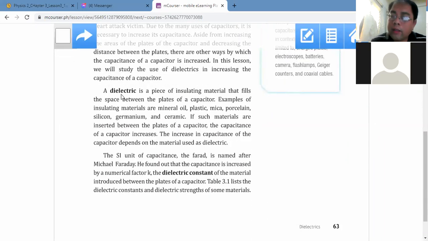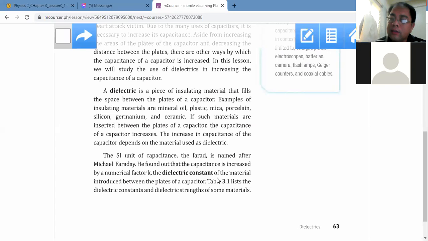Now again, one thing that adds to an increase of the capacitance is the presence of a dielectric. A dielectric is a piece of insulating material that fills the space between the plates of a capacitor. If you recall your parallel plate capacitors, there's a gap in between, and if you don't fill it with anything, it is filled by air.